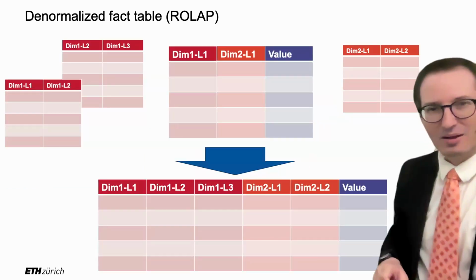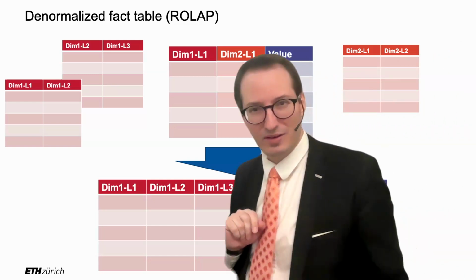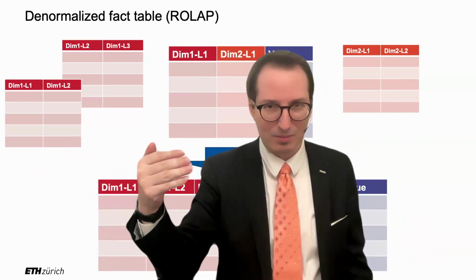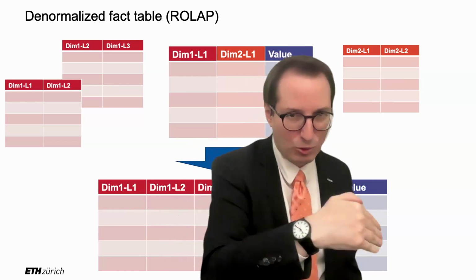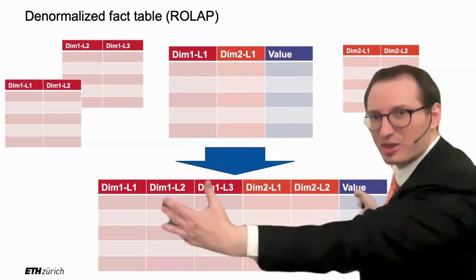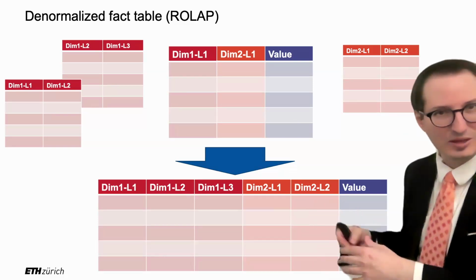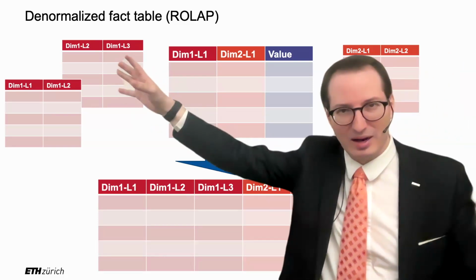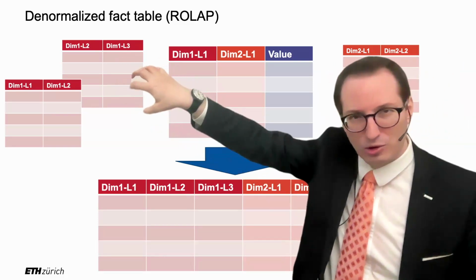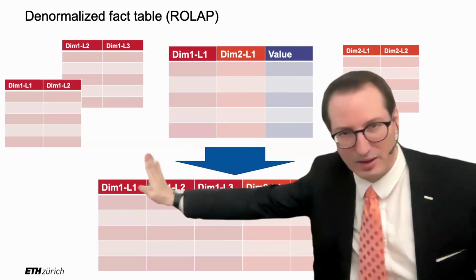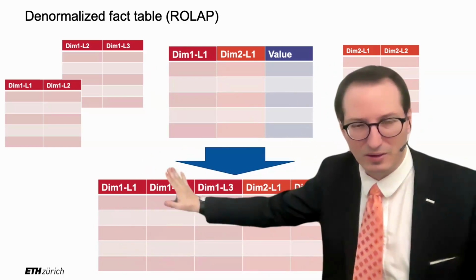So now, what people also do in practice is that they don't go to the snowflake schema, but they don't stop at the star schema either, they even go all the way to join everything back into a single very big denormalized fact table. Right. So it means that even what was in the satellite tables, they just join it with the fact table and have all of these dimensions inside the facts table.